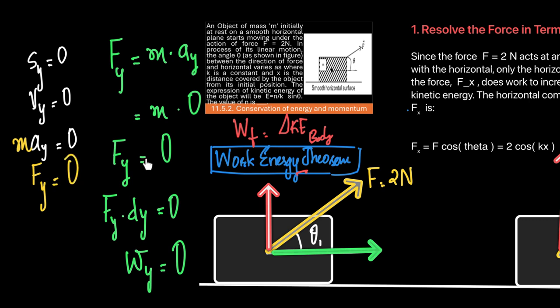And if Fy is equal to 0, what will be the work done by this force, Fy dy? Fy dy will also be equal to 0, which means the work done by the force component in the y direction would be equal to 0. So when we consider the work energy theorem, we need to consider only the x component. I hope the logic and the concept is clear here.